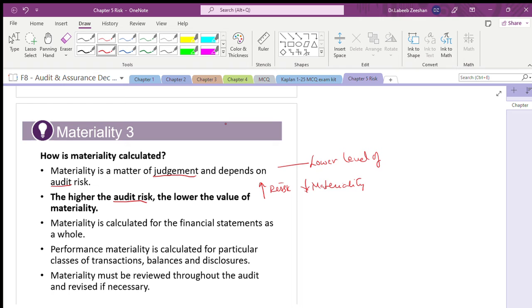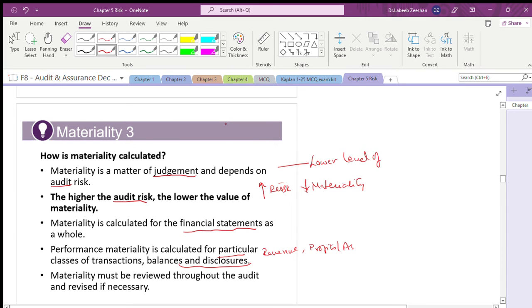Materiality is calculated for what? For the financial statements only. Performance materiality is calculated for the class of transactions, balances or disclosures. When you say class of transactions, it is with respect to revenue, with respect to profits, with respect to assets, and so on.